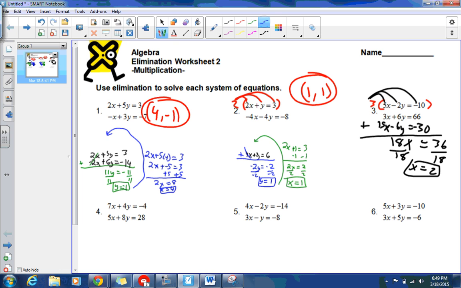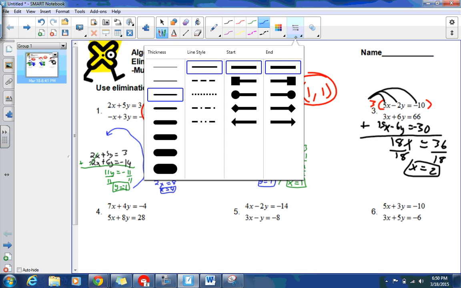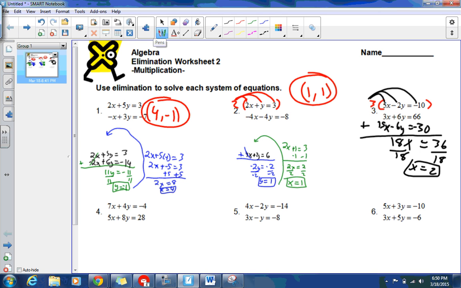Let's figure out the y. I'm going to plug that back in, and I'll plug it in for the second one.